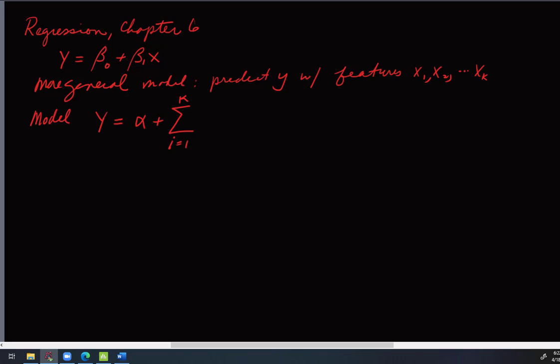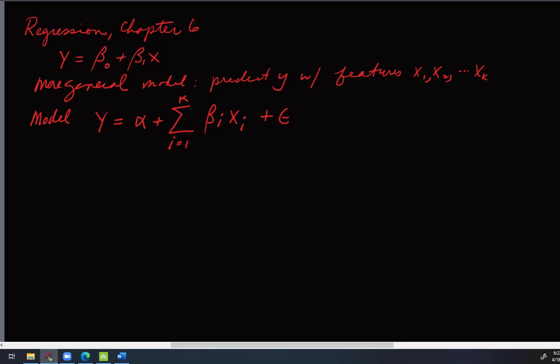So this would be the intercept, and i equal 1 to k beta i xi. And this much would be the approximation, and the epsilon would be the error term.